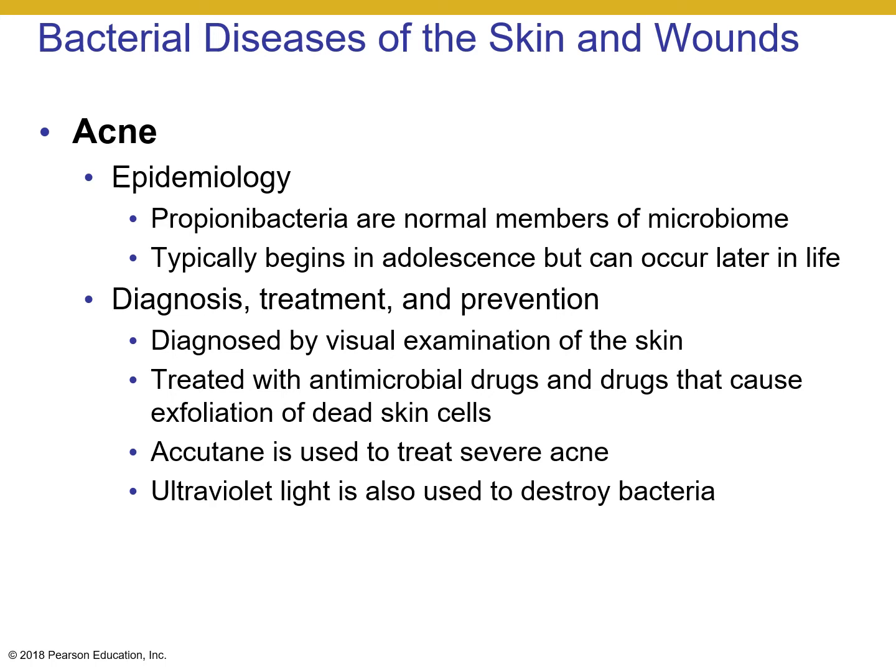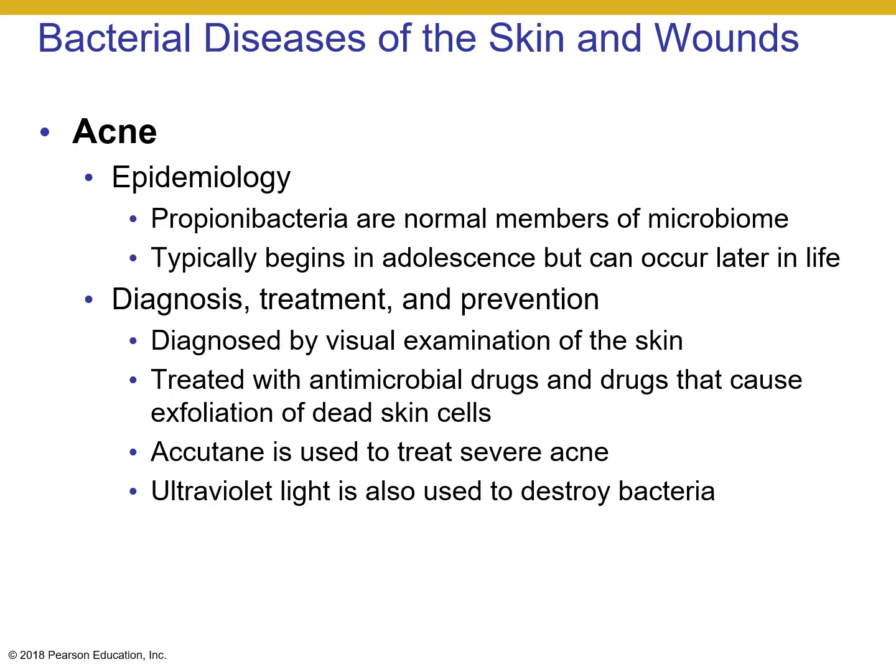So it can occur any time in life, but usually with the onset of puberty, we see an increased production of sebum, especially with increased production of testosterone. So that's why we usually see the more severe type of acne in young males. We can treat this with all different kinds of things, antimicrobial drugs, something that causes this dead skin to exfoliate.